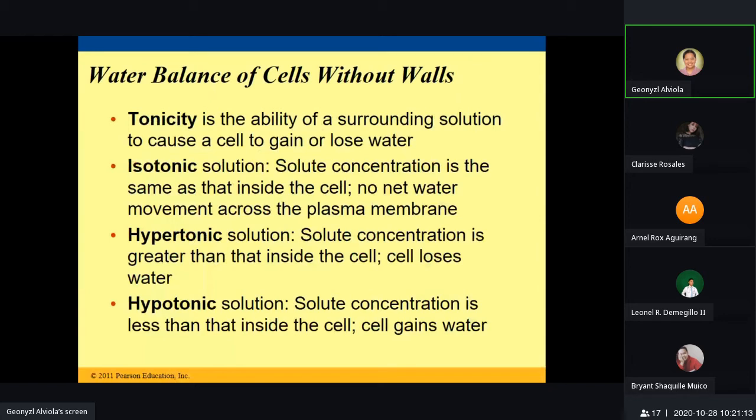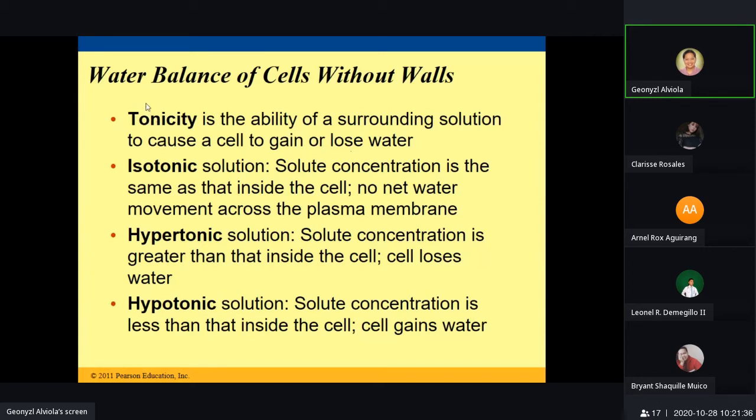Now a cell was exposed to different solutions. Okay. Tonicity is the ability of the surrounding solution to cause the cell to gain or lose water. So we have three types: isotonic, hypertonic, and hypotonic.